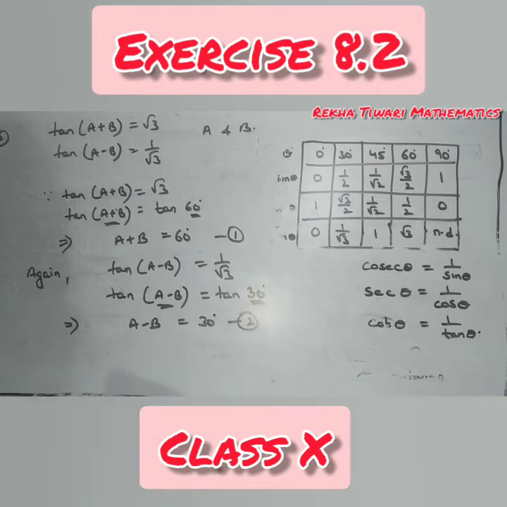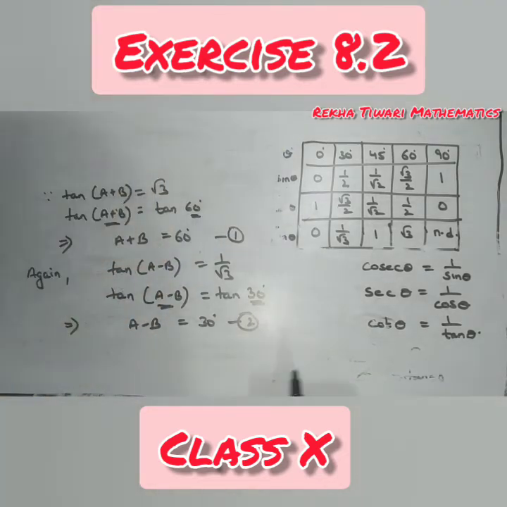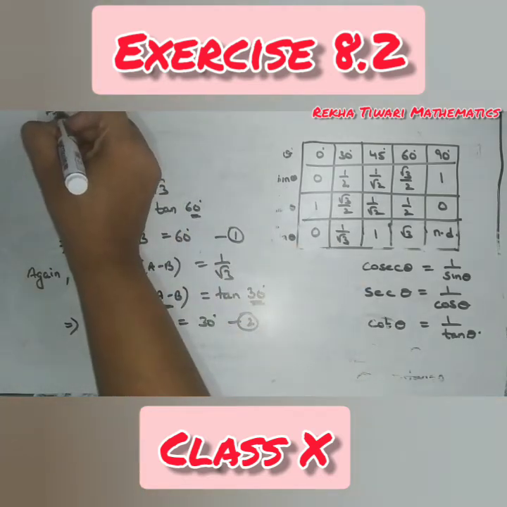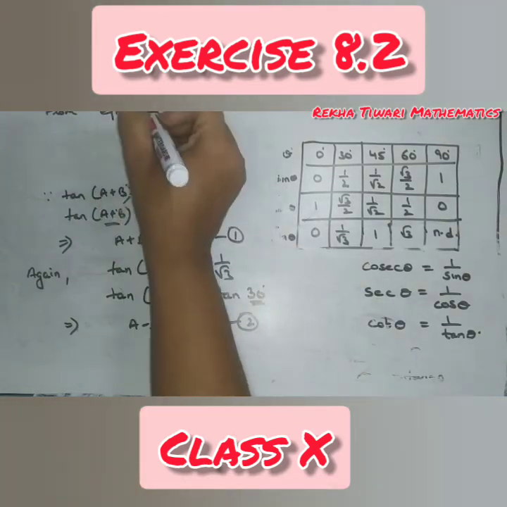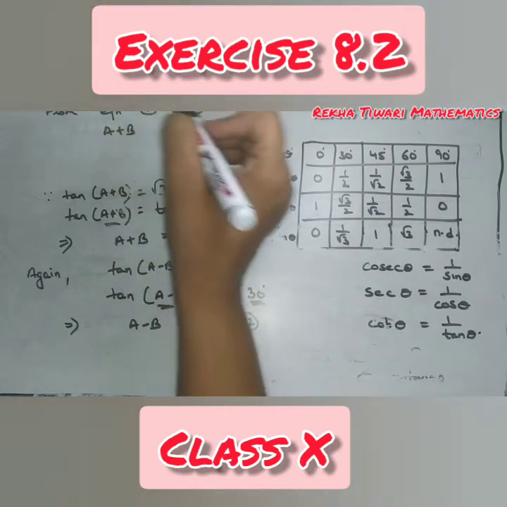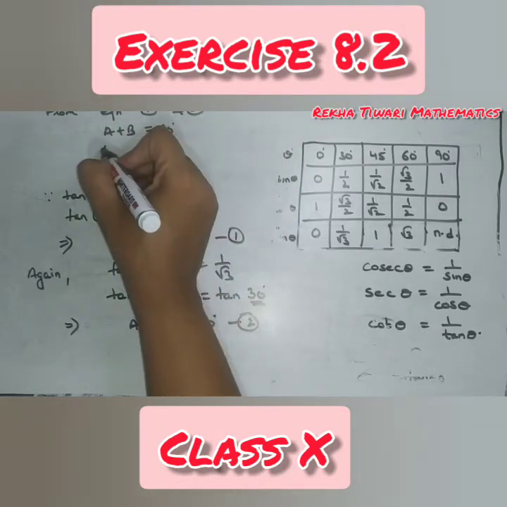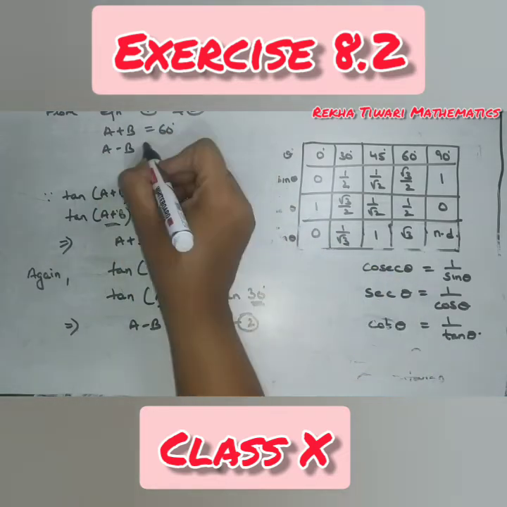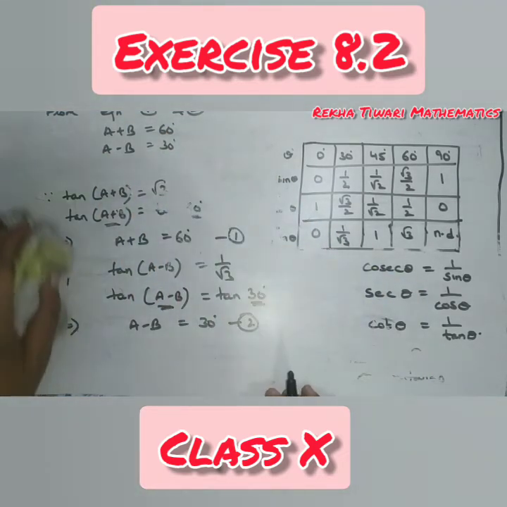This is equation 2. Now if you eliminate using equation 1 and 2, you will get the values of a and b. From equation 1 and 2, a plus b is equal to 60 degree, a minus b is equal to 30 degree.